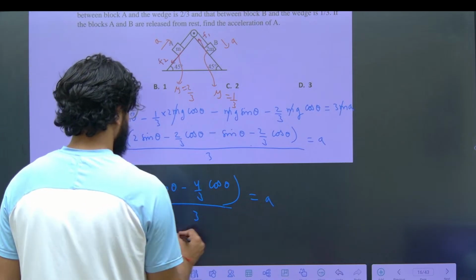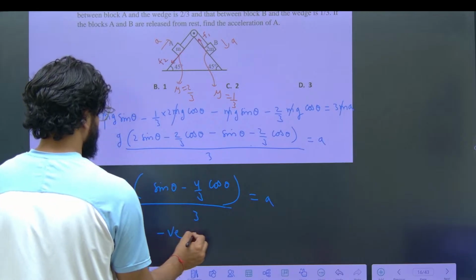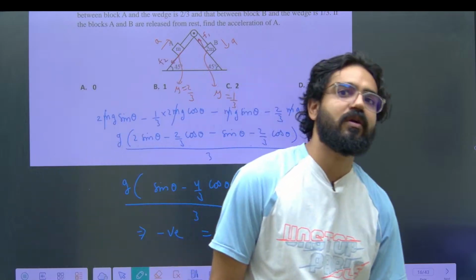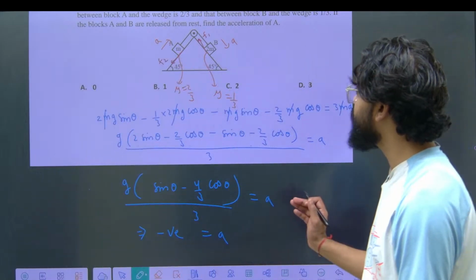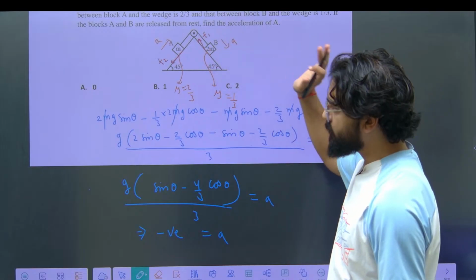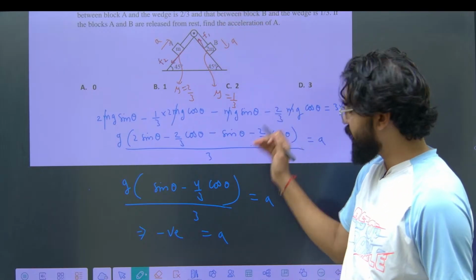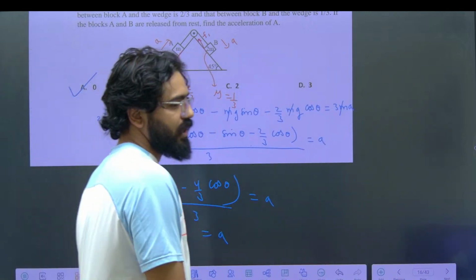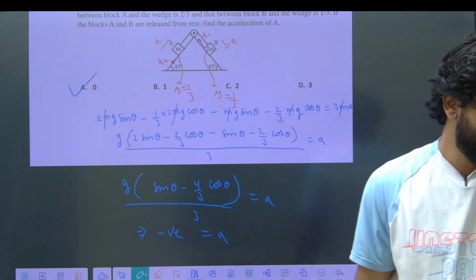So the answer is coming out as negative. Okay, so what does it mean? Answer negative cannot come. Why can negative not come? Because if they can slip over here only, but the answer is still coming as negative, it means objects are not moving. Okay, correct.